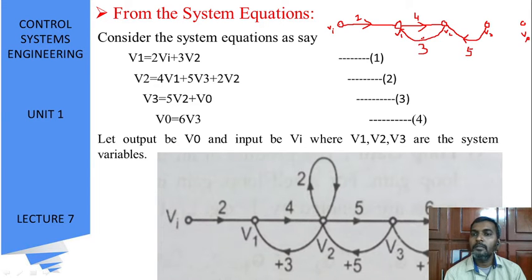Whether it is moving towards or away from the node should be mentioned. Sorry, this is 5.